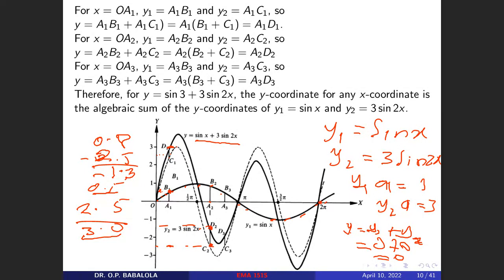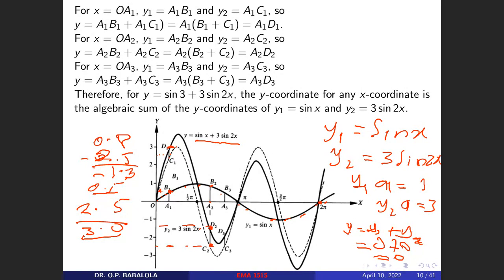I hope we all understand. Now, that is how you do the sum of two functions. That is how you sketch. It's a sketch, remember. You are not plotting the actual real values. You are sketching from two functions that have been given. You want to sketch their sum. You want to sketch their subtraction.